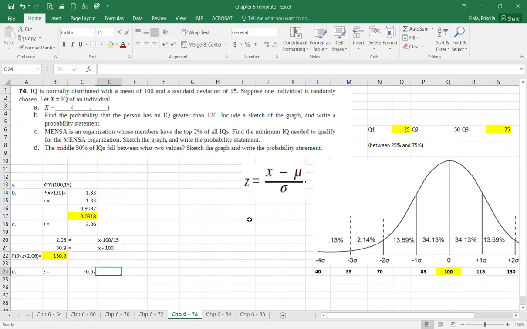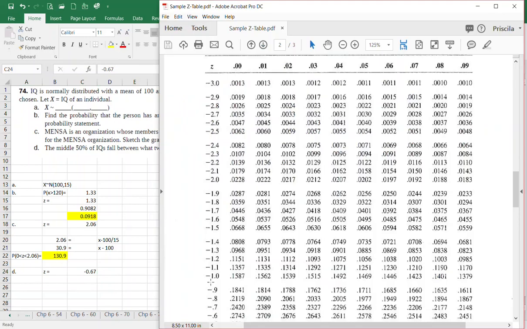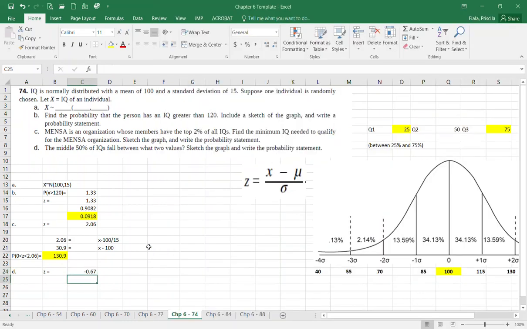See how it's a 0.67, not 1.67. So it will be the same as 0.67. That's why you convert it right here. So now we're gonna be solving for x again.